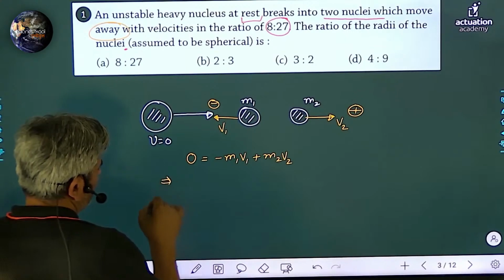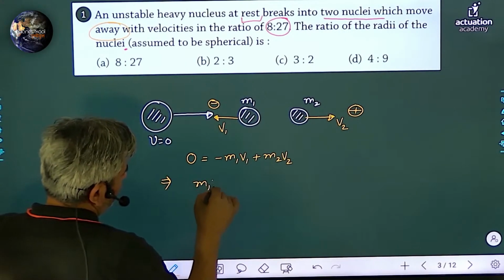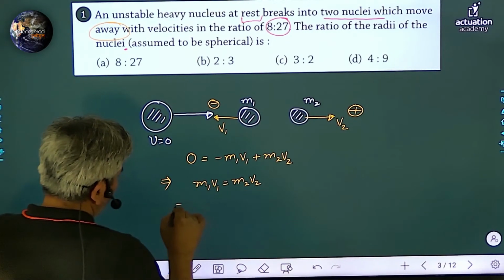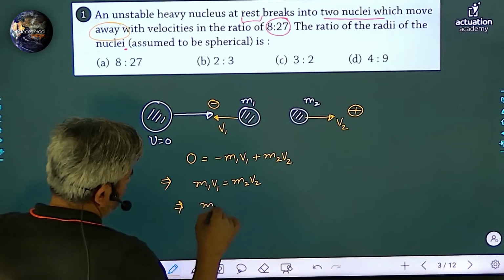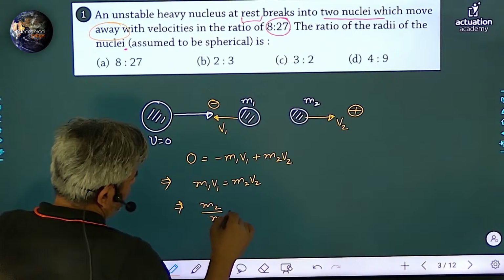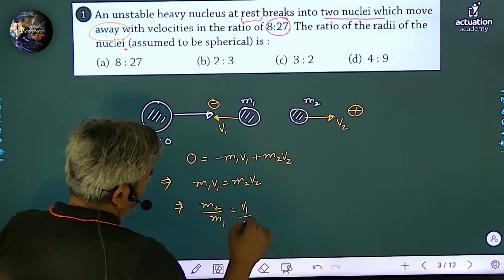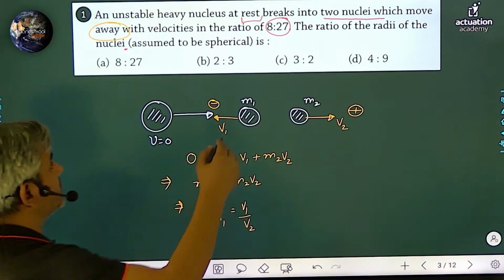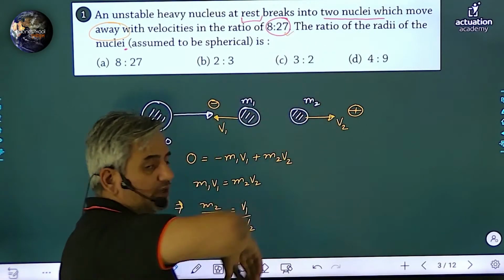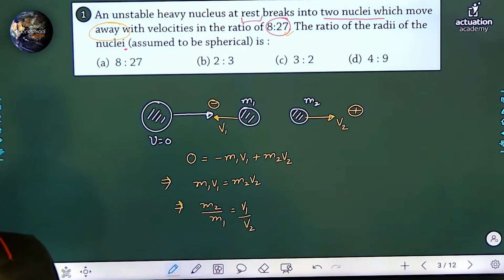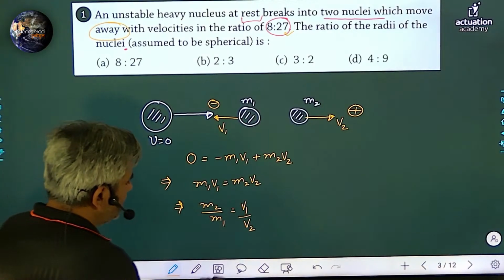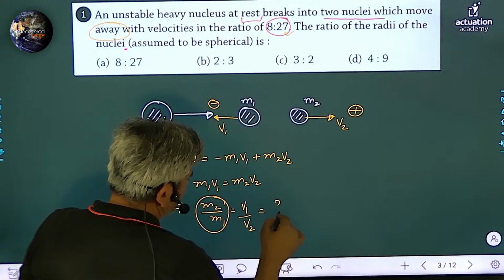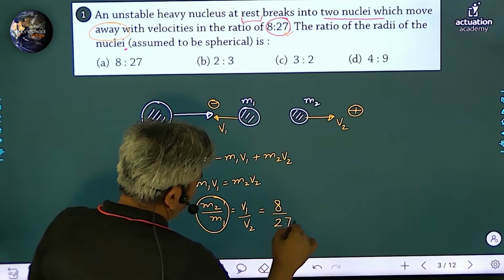From here, m1 v1 is equal to m2 v2, so m2 over m1 is equal to v1 over v2. In the question, the ratio of velocities is already given, which is 8 by 27. So m2 by m1 will be equal to 8 over 27.